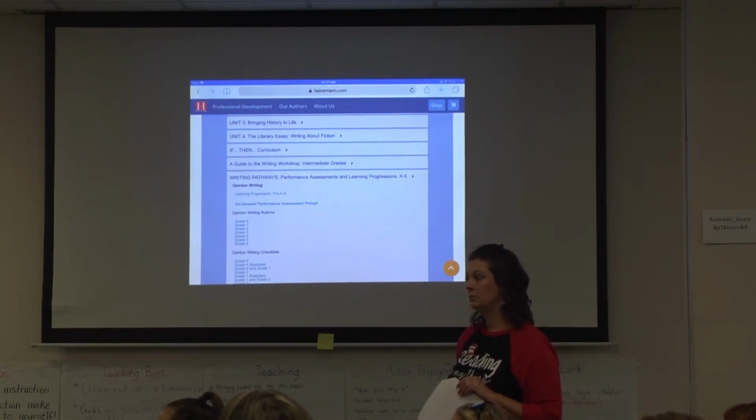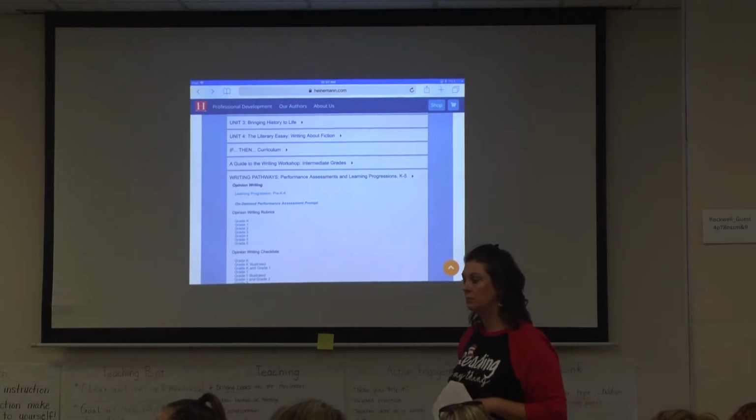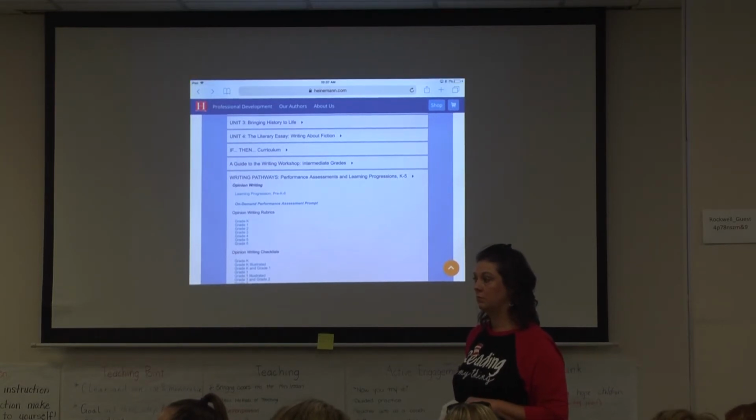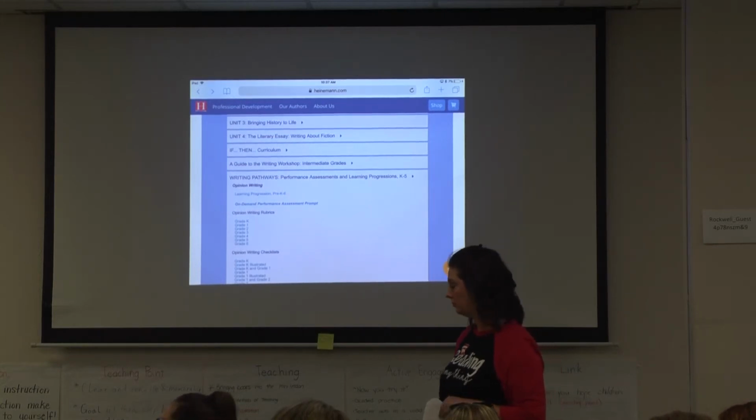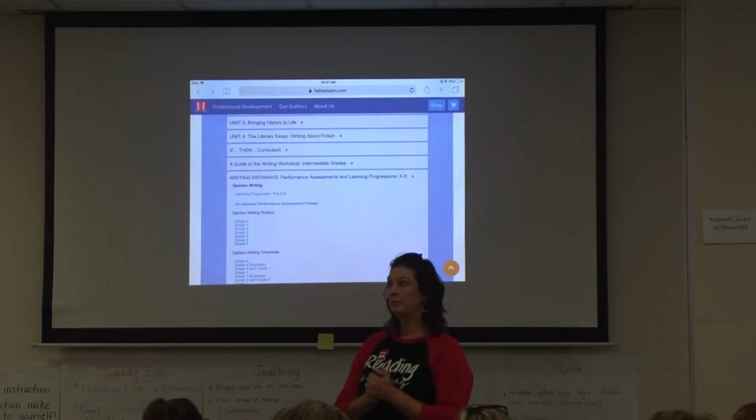If you wanted to, I know the prompt is written there just like that, so everybody administers it and you can compare apples to apples, but in your own knowledge, if you want to modify that prompt to one that you think your kids could write to, then rather than not do anything at all, you could do that, and do it at the beginning of the unit and at the end of the unit. You can also take writing samples from the beginning of the unit to the end of the unit. So there are other ways to gather that same information.